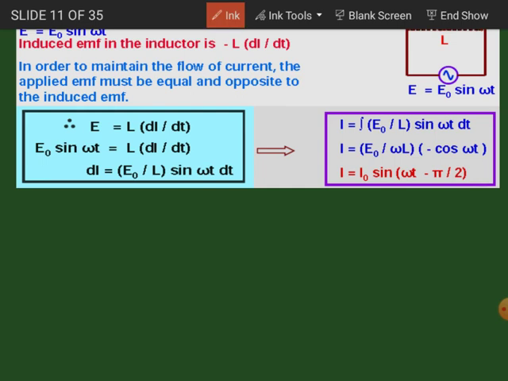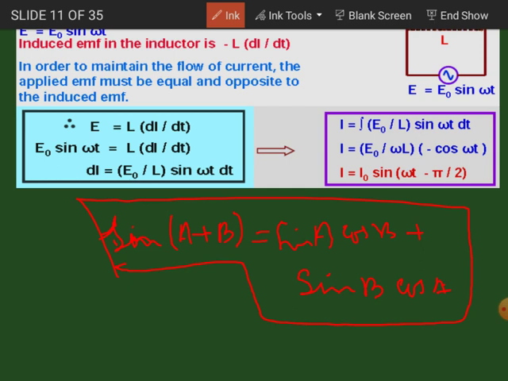You must be knowing that sine of A plus B is equal to sine A cos B plus sine B cos A. So if you apply this formula, it will come out. Sorry, it should be cosine of, why?